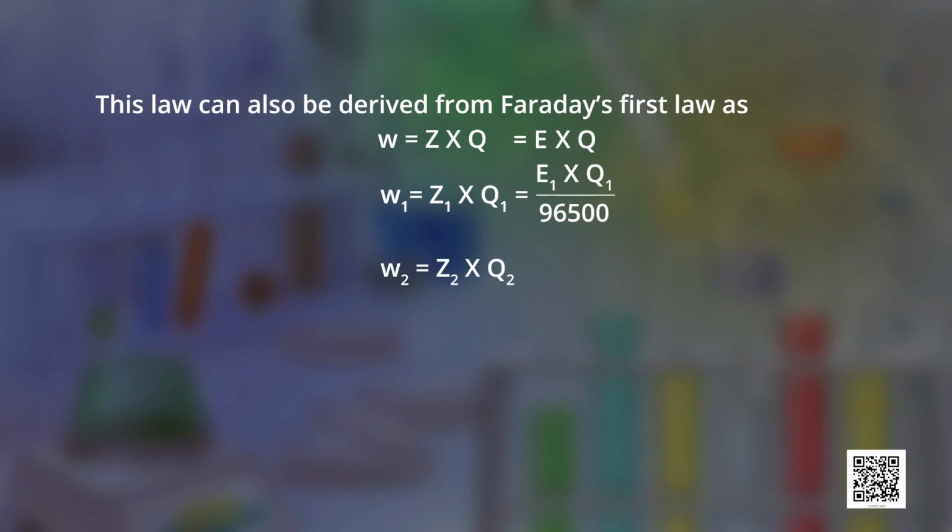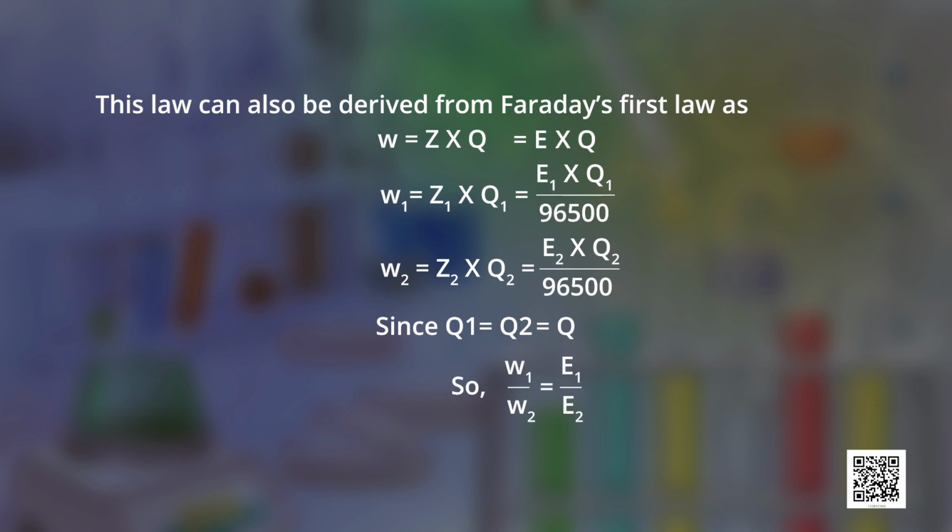For the second electrode, we may write it as W2 is equal to Z2 into Q2, or E2 into Q2 upon 96500. Since the same charge is passed through the system, Q1 is equal to Q2 is equal to Q, and so we get the expression W1 upon W2 is equal to E1 upon E2.